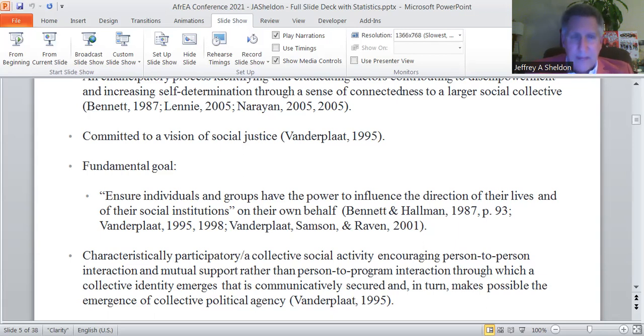okay? And like I said, it's communicatively secured and in turn makes possible the emergence of collective political agency.